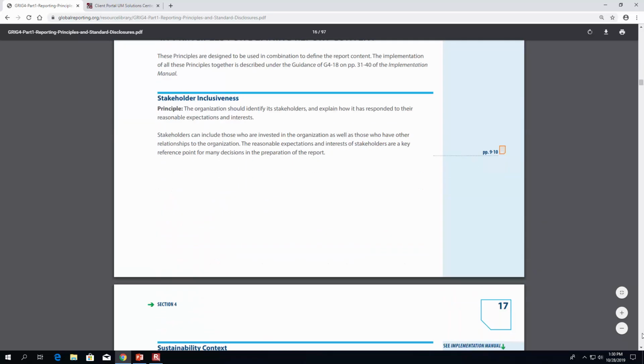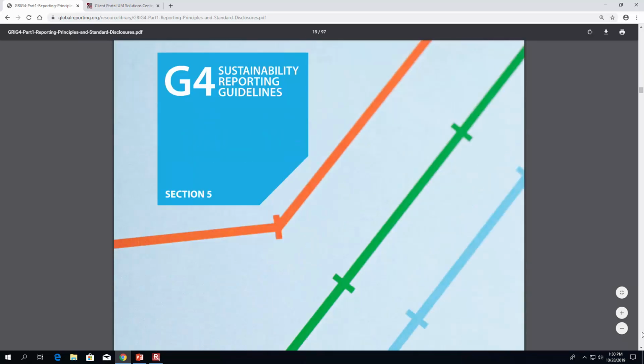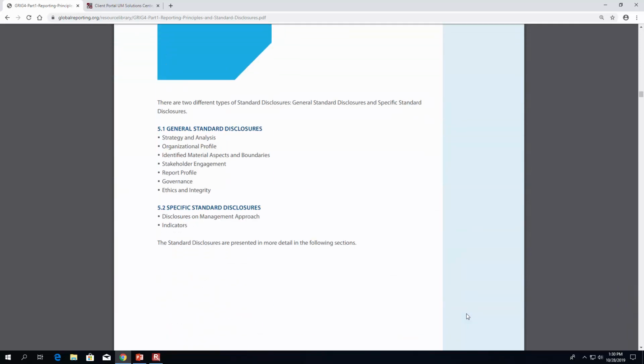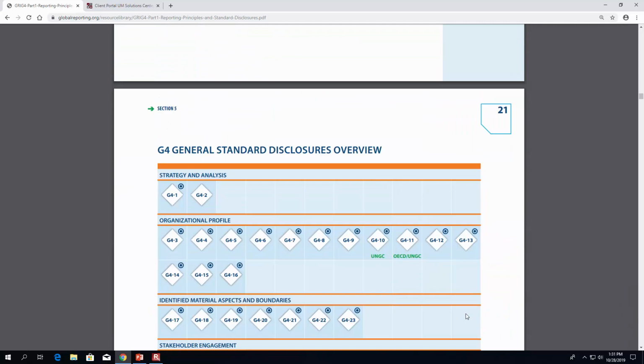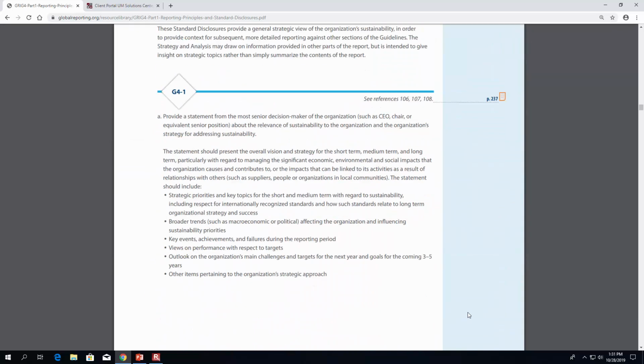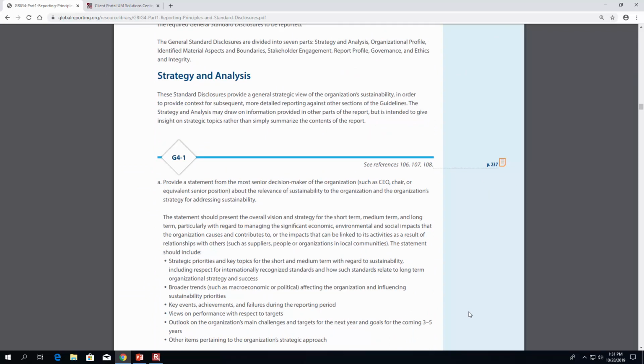And remember all that G4-1, G4-2, G4-3, okay? So here they basically are. This is all just a chart, but let's start with strategy and analysis. G4-1, everybody has to do that, whether they're core or comprehensive.